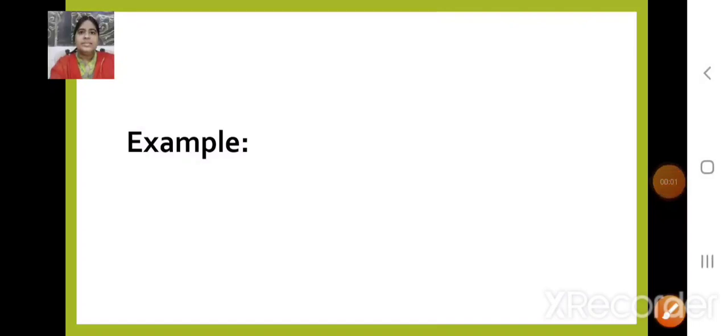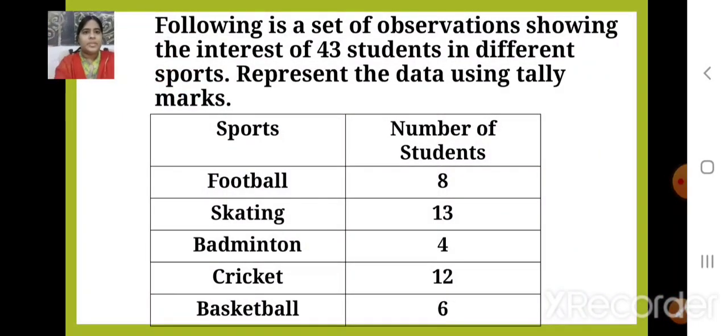Children, now let us see an example. Following is a set of observations showing the interest of 43 students in different sports. Represent the data using tally marks. There are two columns, sports and number of students.